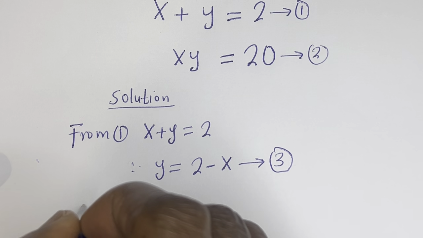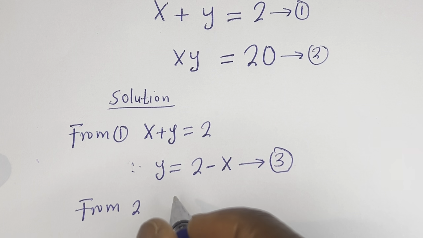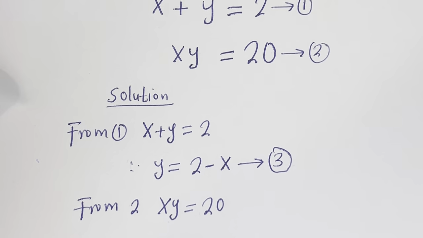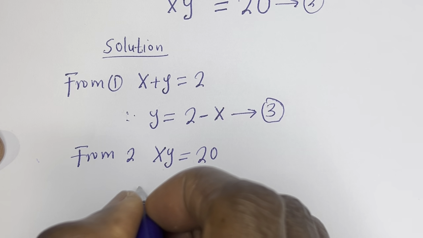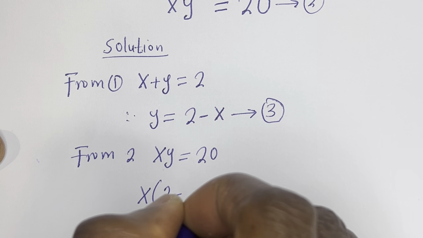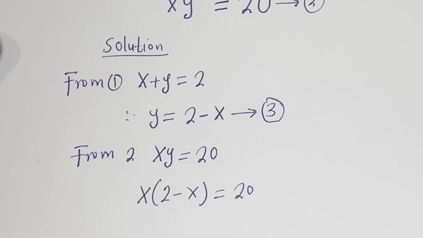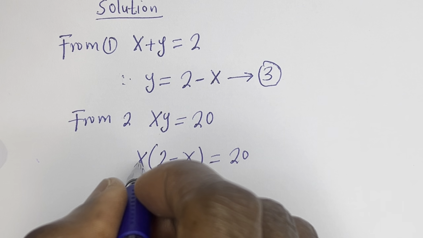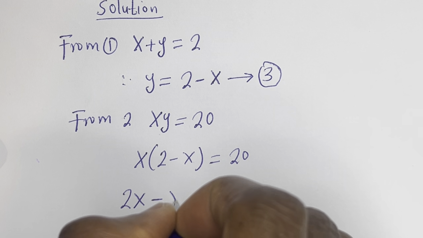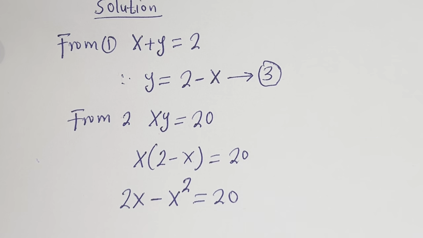Also, from equation 2, xy is equal to 20. We have x bracket y is 2 minus x, 2 minus x is equal to 20. x multiplied by 2 is 2x, minus x multiplied by x is x square, is equal to 20.